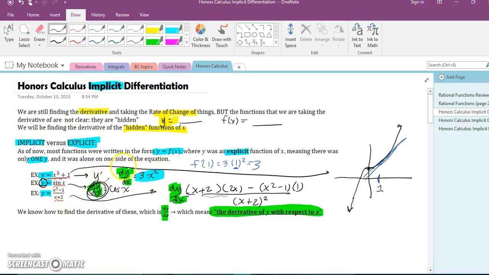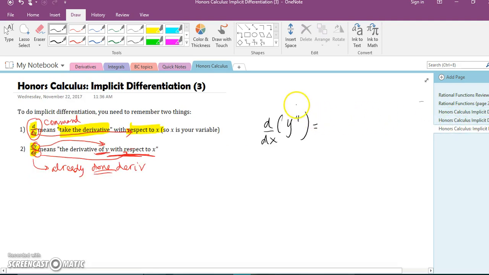The real reason that we did that is because the derivative of y is just 1, just like the derivative of x is 1. But since I'm doing the derivative with respect to x and y is not x, these variables don't agree, so I have to multiply 1 by dy/dx, which gave me dy/dx.